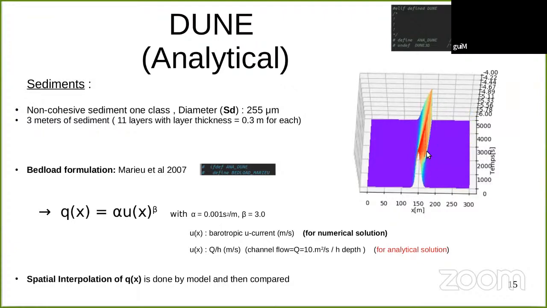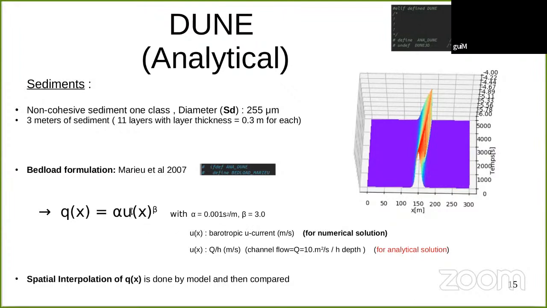So this is a scheme of the analytical solution. You have a dune that will evolve during time, with very steep slopes. The idea of this case is that both of them use the same formula.